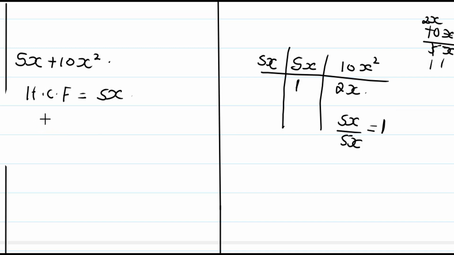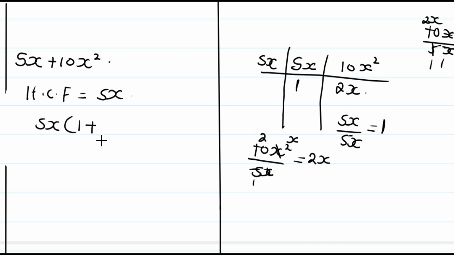So I start with 5x, then in brackets 1, because it's what I got when I divided 5x by the HCF, then plus this 10x squared divided by the HCF 5x. The x squared divided by x remains x, and 10 divided by 5 is 2, so it becomes 2x, just the way we got it here.